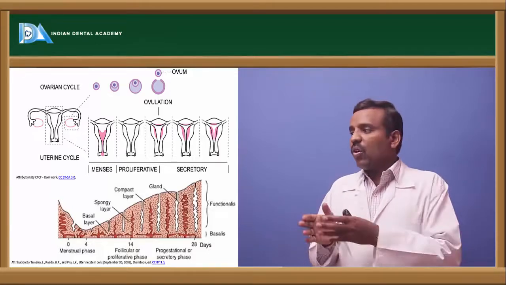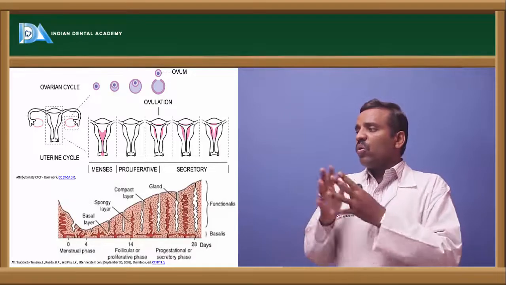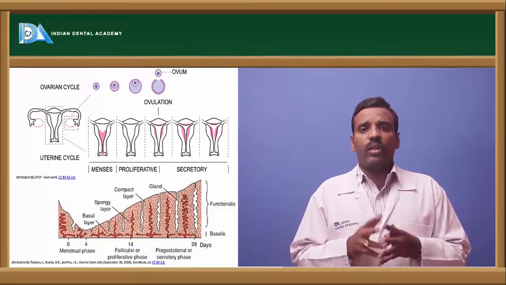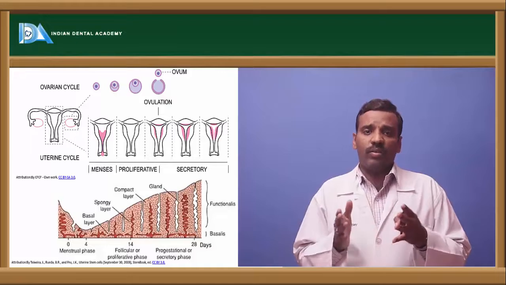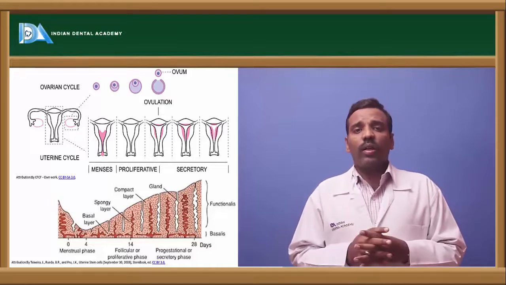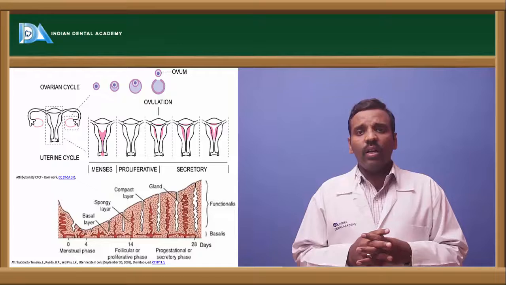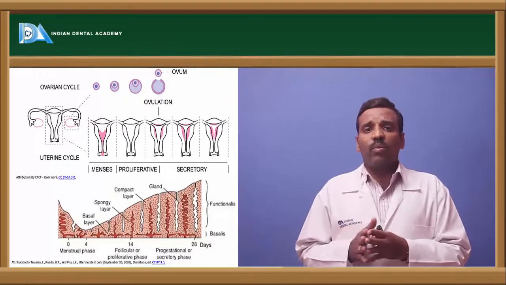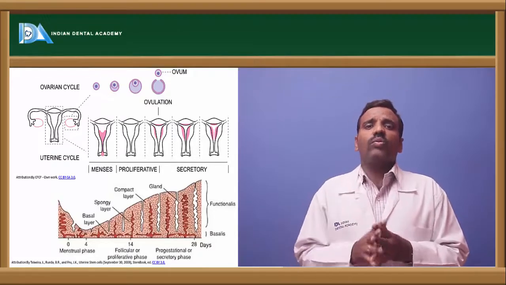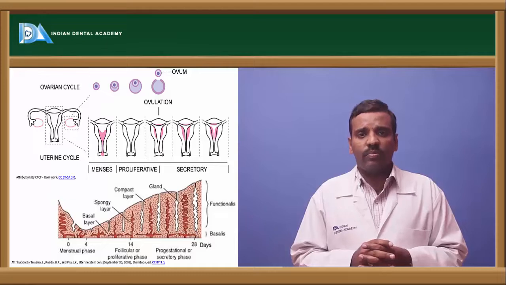Okay, and next, after the 4th to 14th day, there is the proliferative phase, also called the follicular stimulating phase. During this period, reconstruction of the endometrium and blood vessels starts.